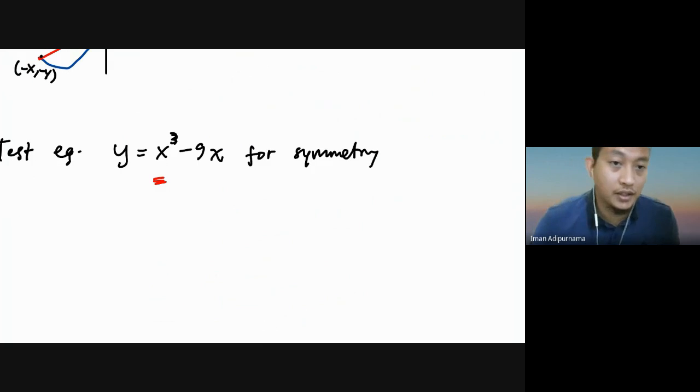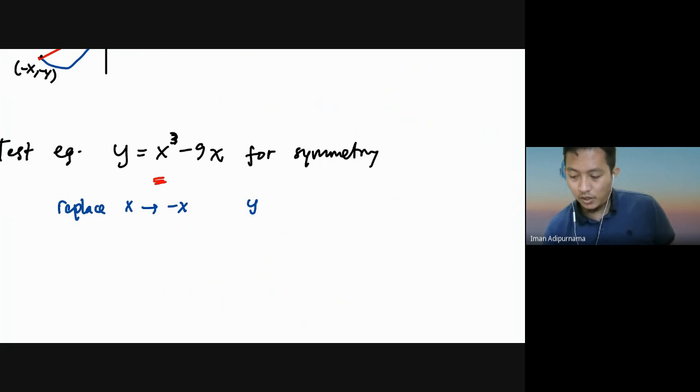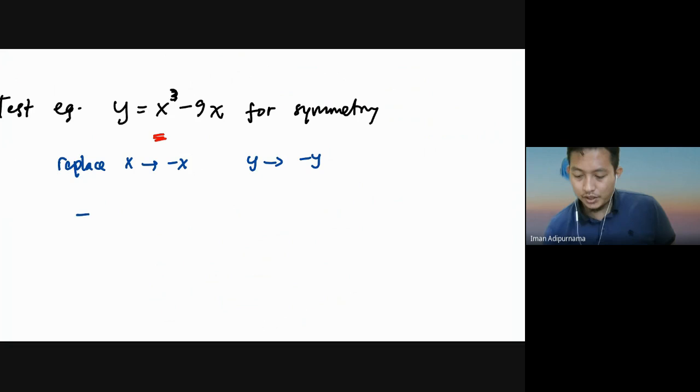X cube. And if you know the behavior of cubic equations, it will have a symmetry on the origin, okay, because it has this kind of graph, right? So we can certainly try replacing x with negative x and y with negative y.